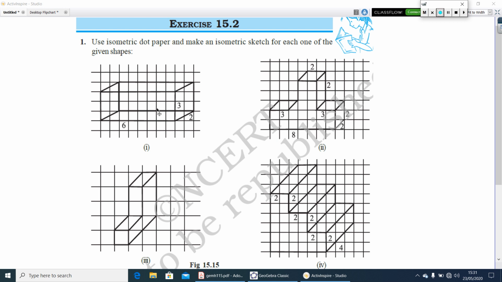What you have to do is draw an isometric sketch of this cuboid. So first make an isometric dot paper, take 6 unit length, 2 unit breadth, 3 unit height and draw the same figure. And the same way you have to do the second, third and fourth figure.